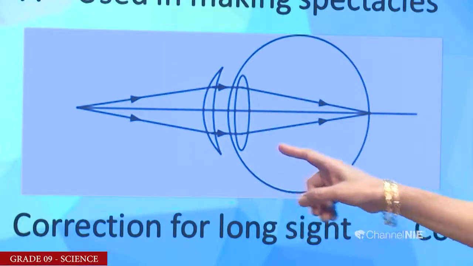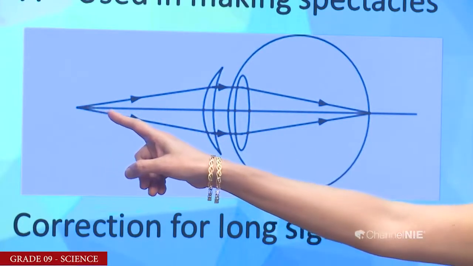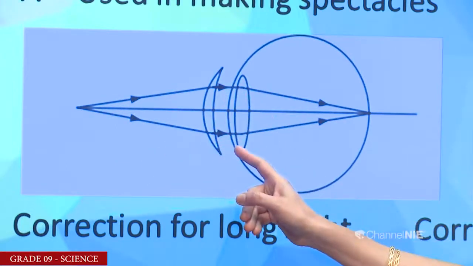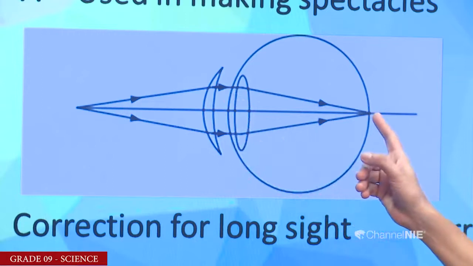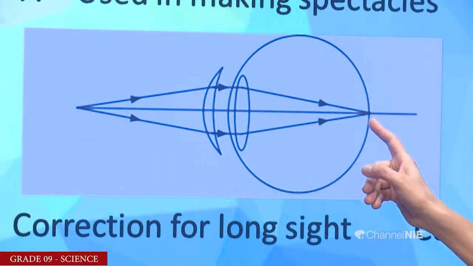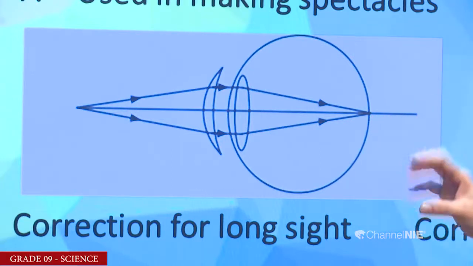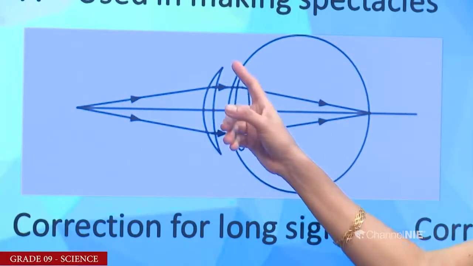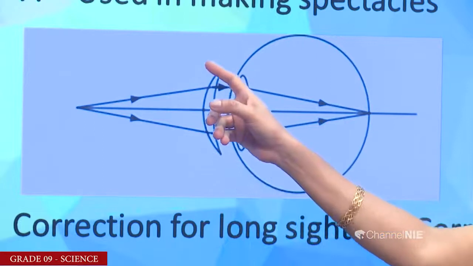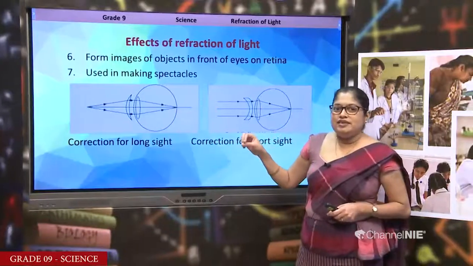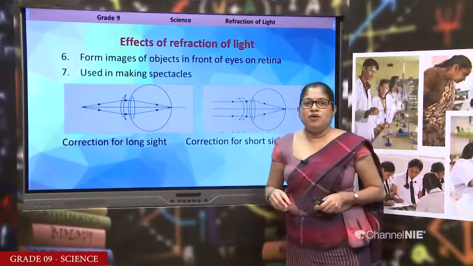So, you can see light rays coming from the nearby objects are refracted through this lens and collected to this point. We call this point the retina, forming the image, so that people who have long sight can see the nearby objects when you use a lens like this in their spectacles. So, in making spectacles, refraction of light is important.